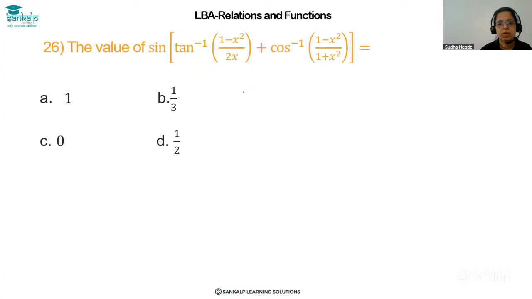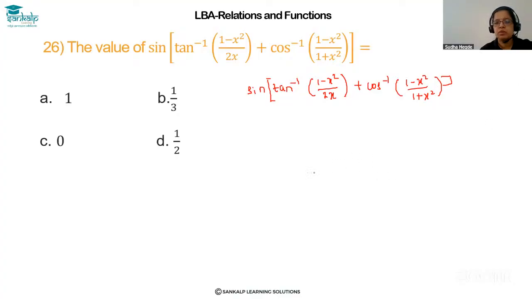Okay, now take that expression sine of tan inverse of 1 minus x square divided by 2x plus cos inverse of 1 minus x square divided by 1 plus x square. You had already proved this type of expression.